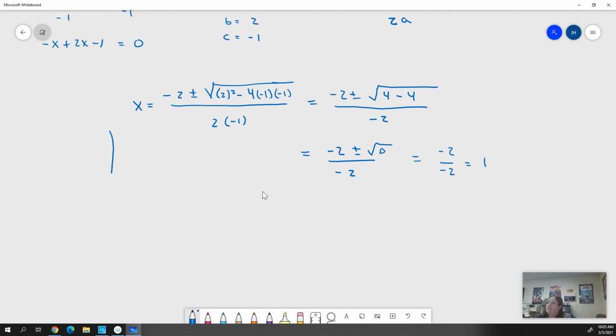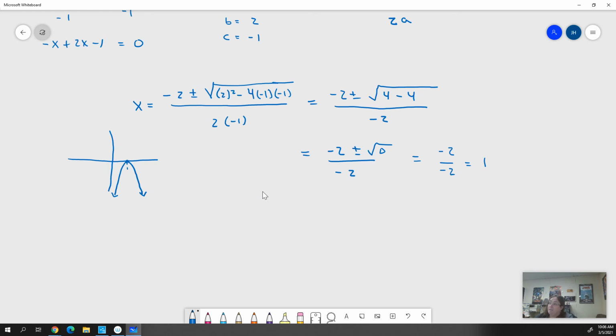And what that means when you get a situation like that is it means here at 1, the vertex of your graph lies. So that's why you would only get 1 point crossing through it. So whenever that happens, that you have one solution, it just means that your vertex lies right on that x-axis.